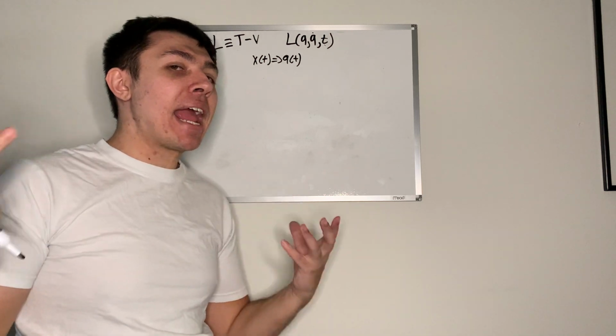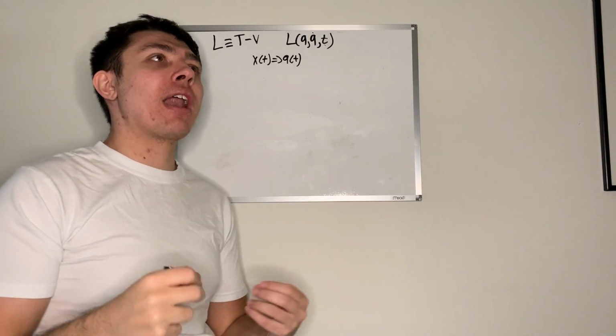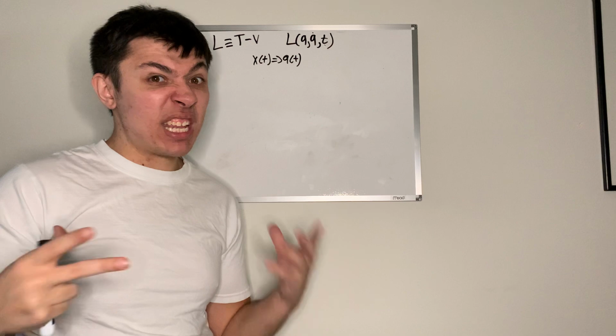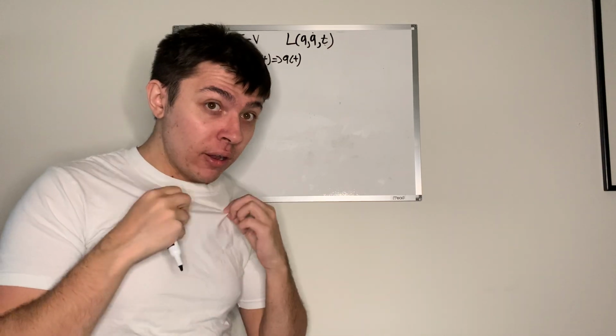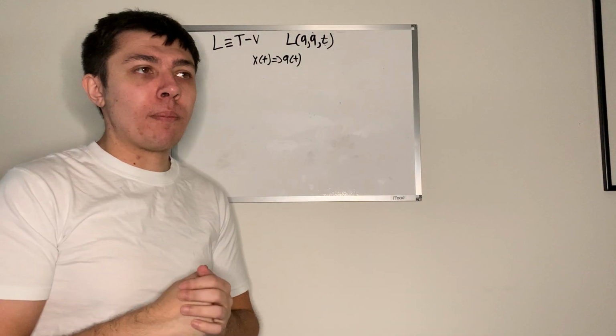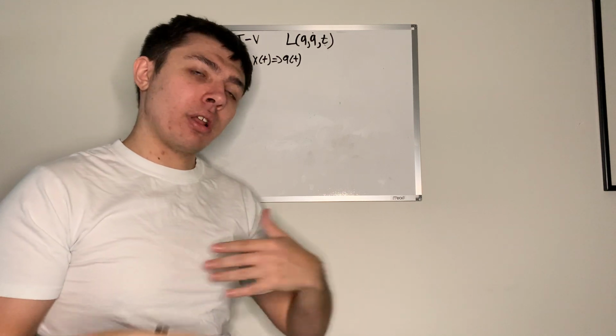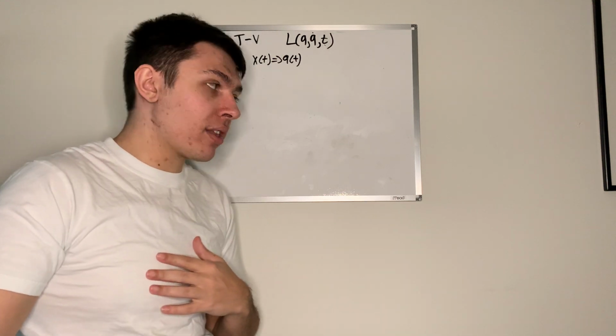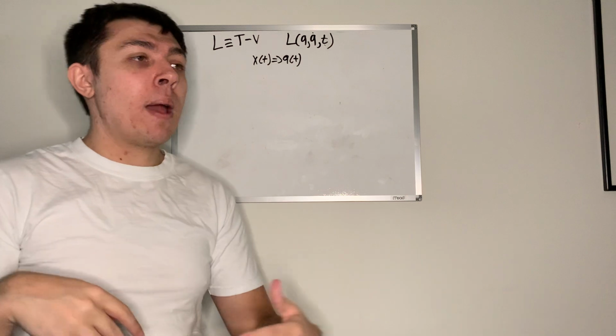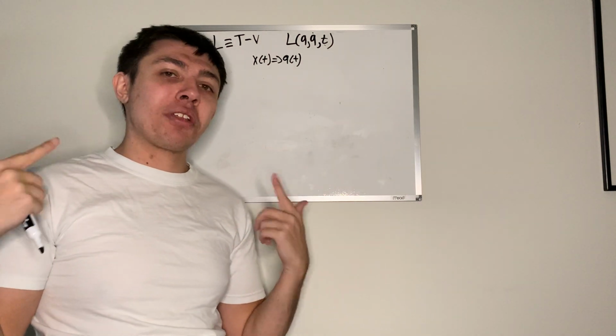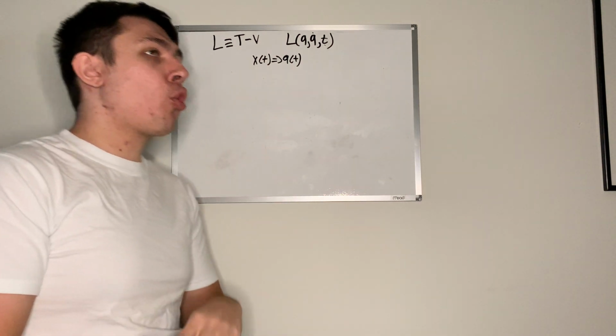The universe can't care. Coordinates should not have a say in anything. It might be easier for us, the humans, to calculate something in spherical coordinates or cylindrical coordinates or hyperbolic coordinates or Cartesian coordinates, but the universe doesn't care. The universe can't care. So coordinates do not matter.